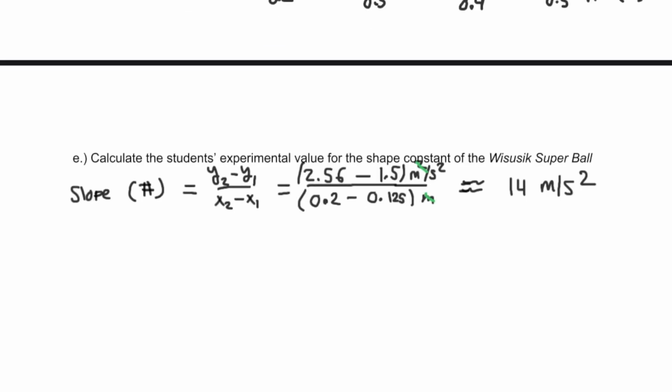And then we also have the slope in terms of variables. So earlier we said that v_CM squared was equal to 2g divided by 1 plus beta times h. So that also means that this expression right here next to the h is also our slope. So we also know that slope is equal to 2g over 1 plus beta.